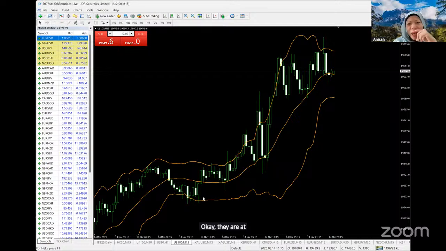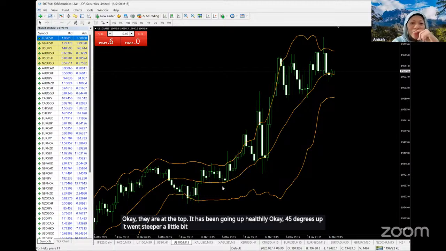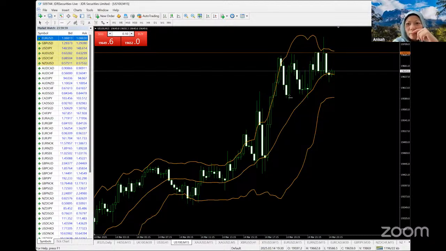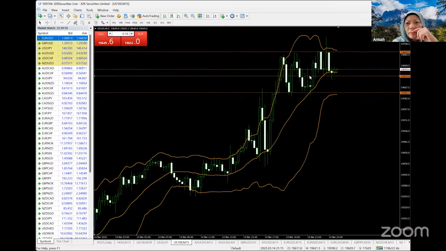It has been going up healthily, about 45 degrees up, then it went a little steeper. The trend structure was higher highs up until recently, but it has failed to make a higher high. This could be taking a breather. So we'll see what's next.